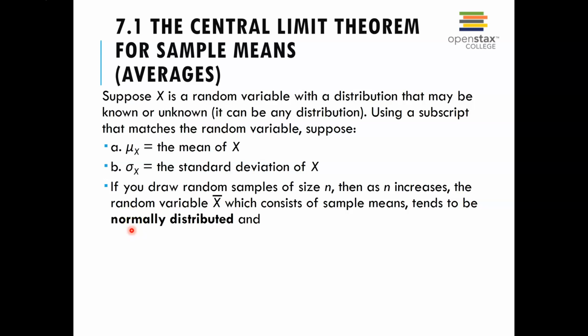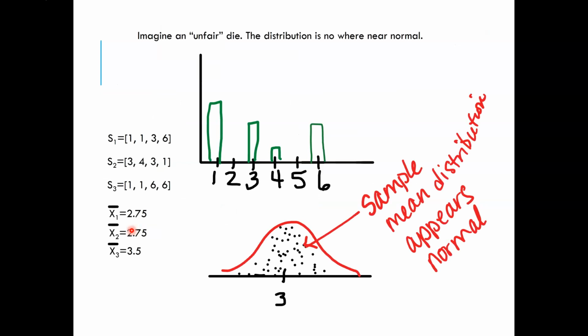Okay, let's talk about that for just a second. So n, the sample size. If we go back to what we were doing just a moment ago, this was our sample size, right? We were rolling 4 times. So that would be our n value, not that we did 3 different samples, but the number of things that are in our sample.